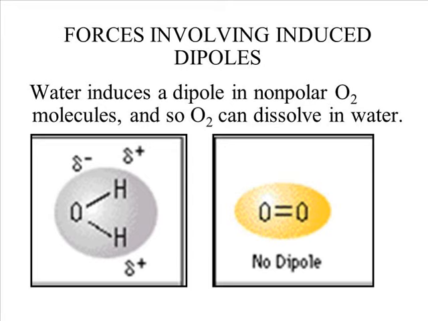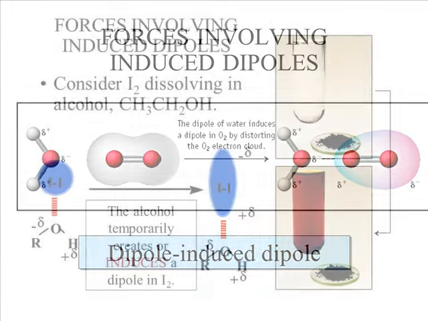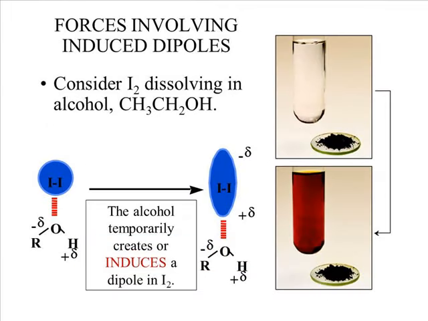Water has the ability to induce polarity in some fairly small nonpolar molecules like oxygen, carbon dioxide. It can even induce a small polarity in large molecules like iodine, but it does take a bit of work.